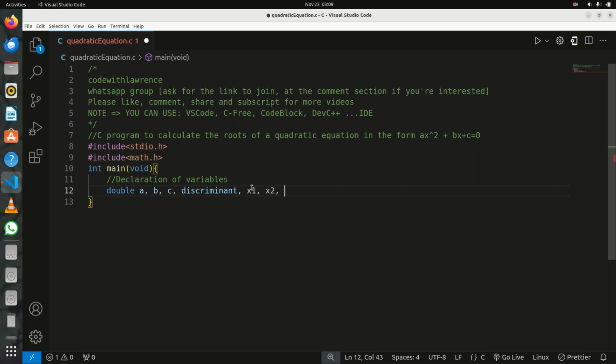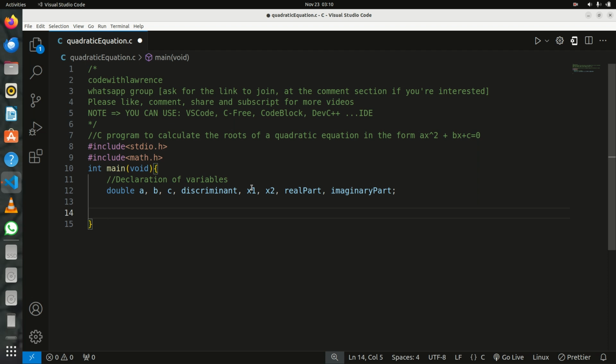Again, we will also declare a real part, in case the roots are complex, and the imaginary part. Okay, that's it. We need to ask the user to enter the coefficients of a, b and c.